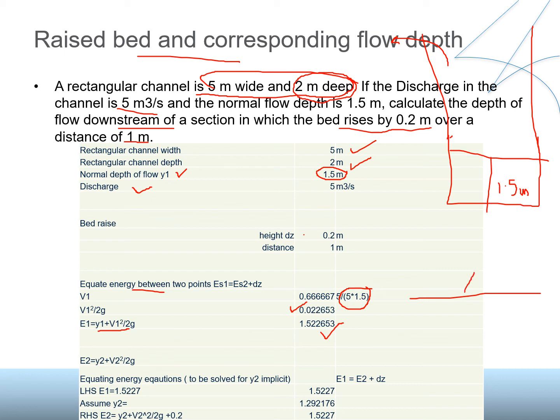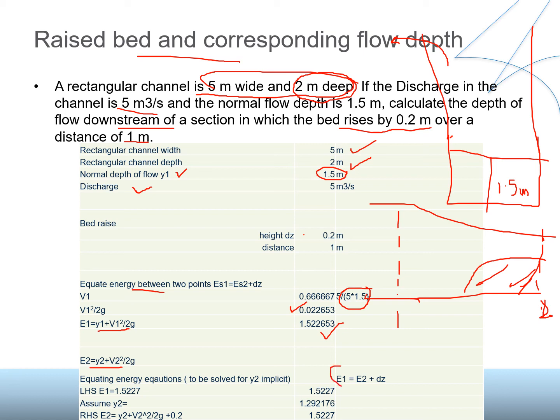So we have raised the bed here. That means we can calculate the energy E2 downstream. So this is section 1 upstream and section 2 downstream, right? At section 2, energy equals y2 plus v2 square over 2g, right? And we equate the energy between upstream and downstream.